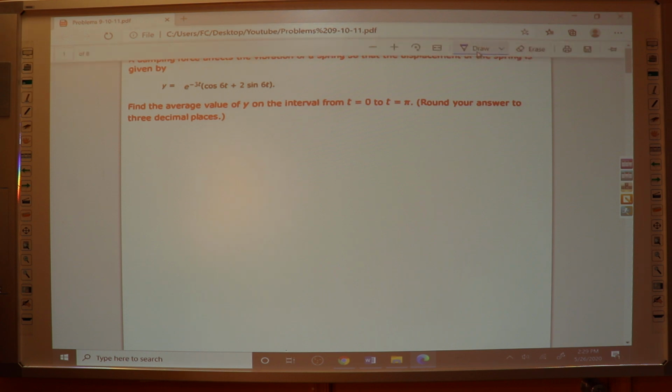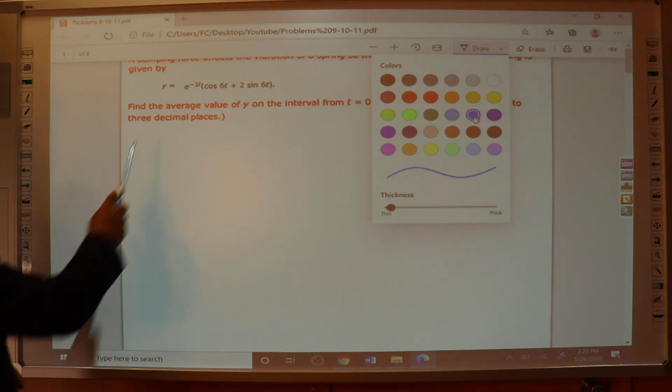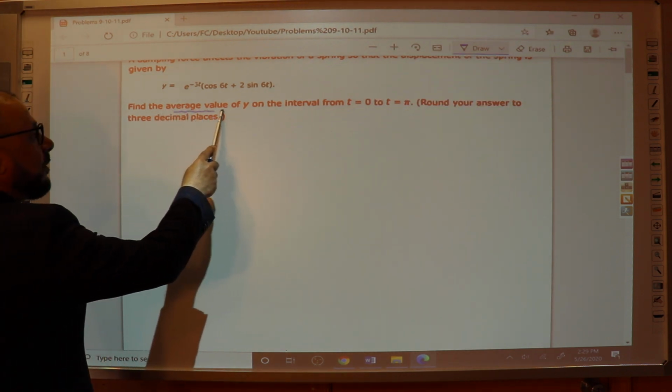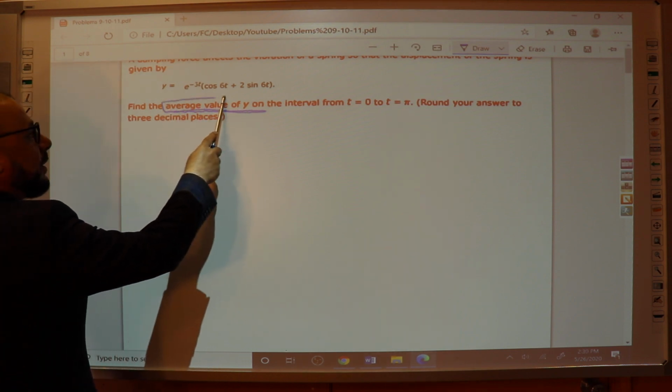Let me just enter the average value. Let us first know what we mean by the average value of an integration.